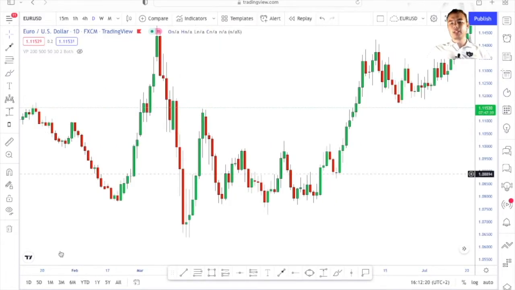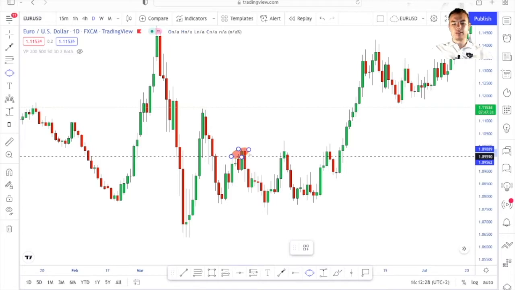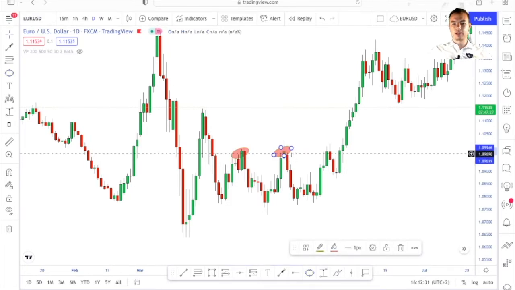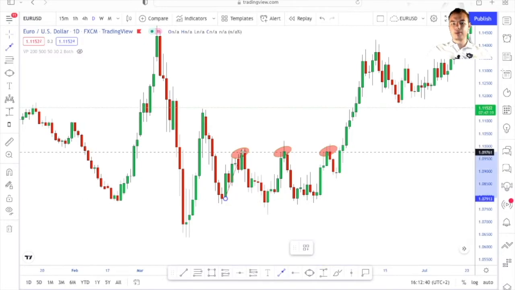So here's an example of support and resistance. So as you can see, this area here, there, and there. Can you see price is trying to push up, it gets rejected.